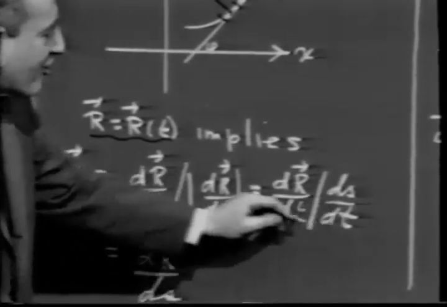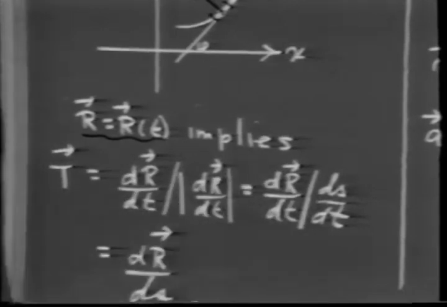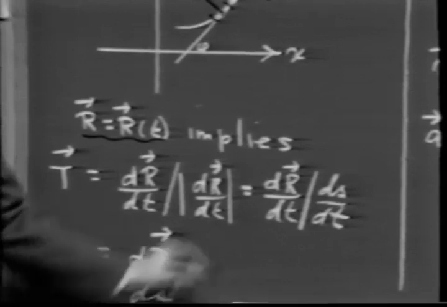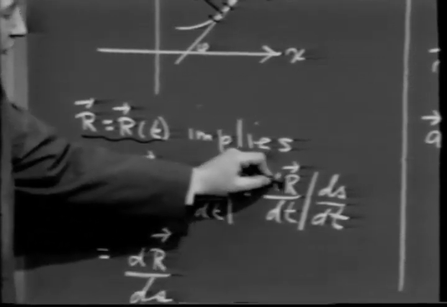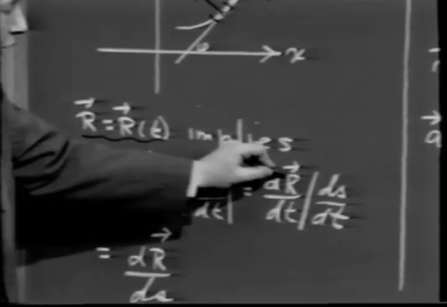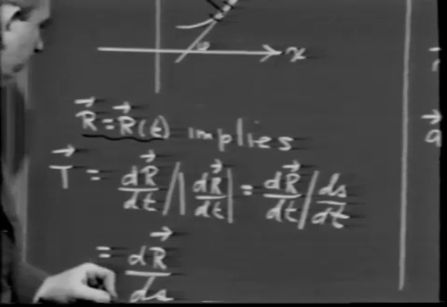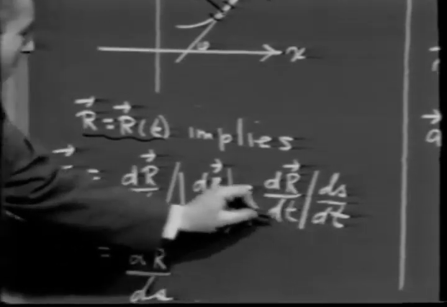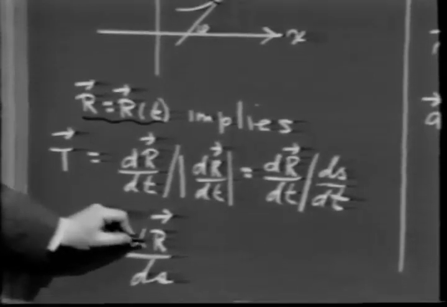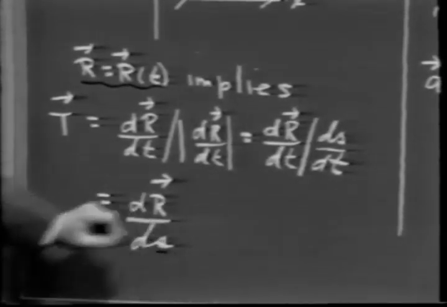And by the way, notice the chain rule applies for vector functions like this, the same as it did in part 1 of our course, by virtue of what we showed in the last unit, namely that every formula for derivatives that was true for scalar functions also happened to be true for vector functions of a scalar variable. At any rate, by the chain rule, another way of saying T is that it's the derivative of the position vector r with respect to the arc length s.